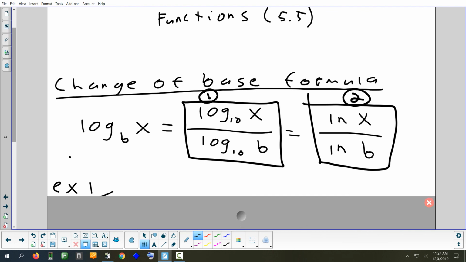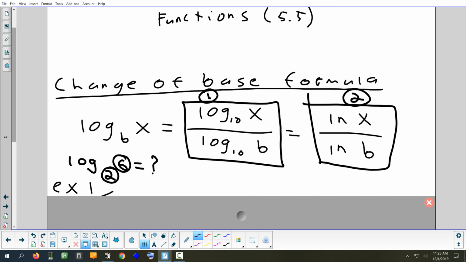So let's say you wanted to do log base 2 of 6, and you wanted to figure out what that is. You don't have a button for base 2. But what you can do is use this formula. X is always the number in the top. B, think bottom.